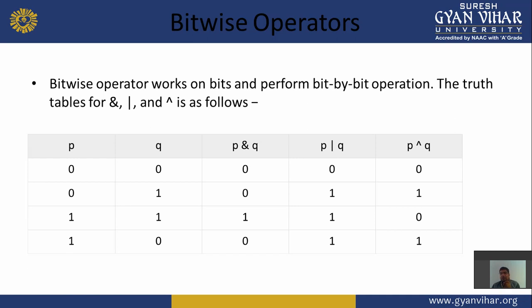For the AND operator, if one condition is false, the result is 0, and in OR, if one condition is true, the result is always true.